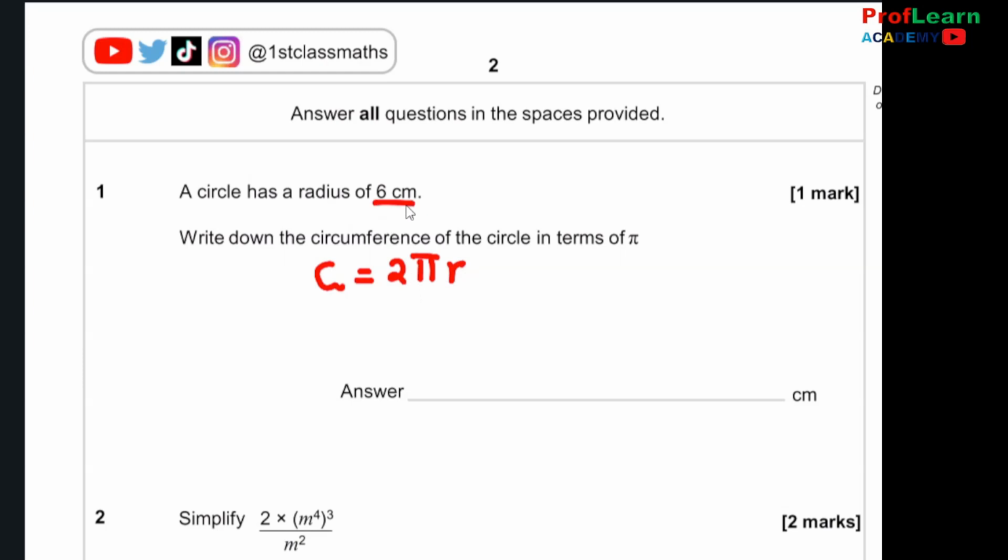Here the radius is 6, so this is 2 times pi times 6. If you simplify, this becomes 12 pi centimeters, because you just multiply the numbers, and you're not supposed to enter pi on the calculator, because the answer is to be given in terms of pi.